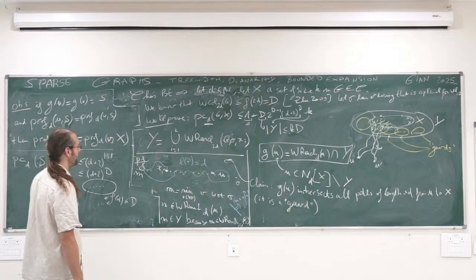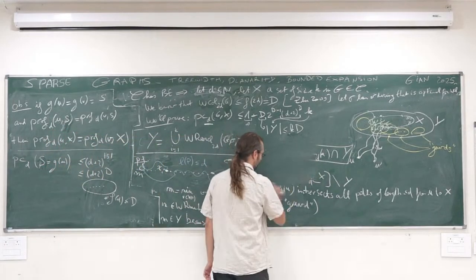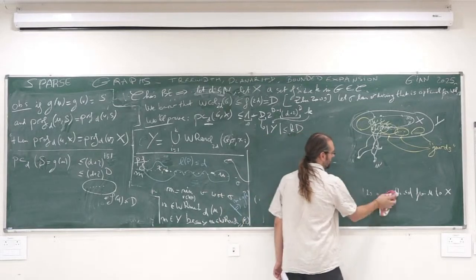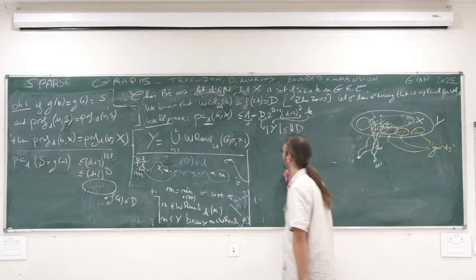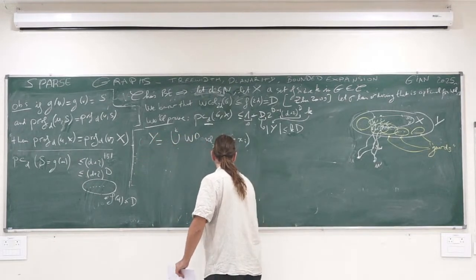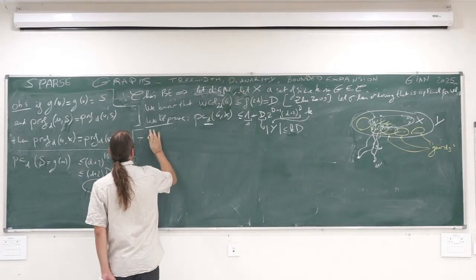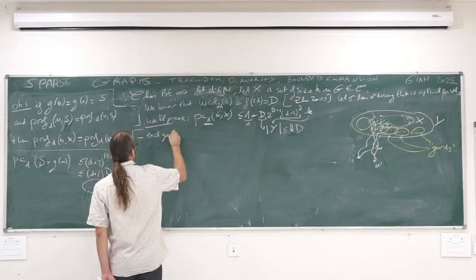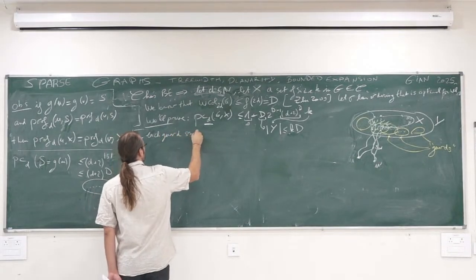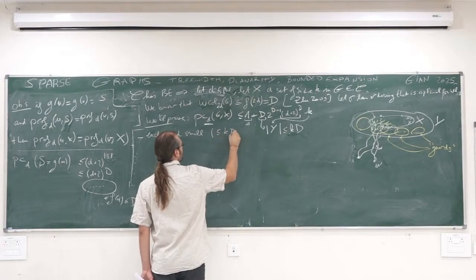Should I erase? Let's erase this part. Guards. Each guard is small, so this is like size KD.